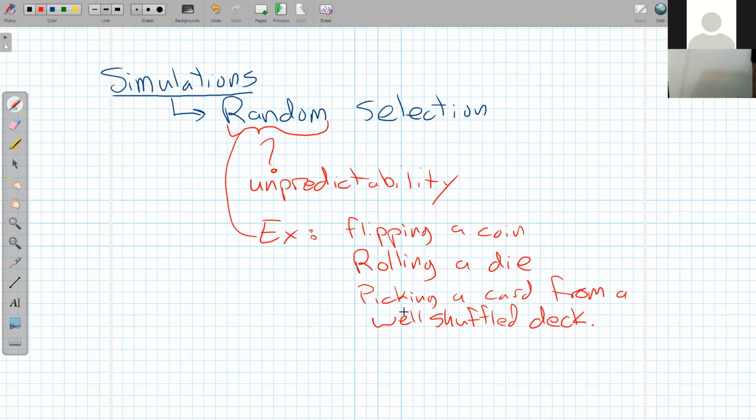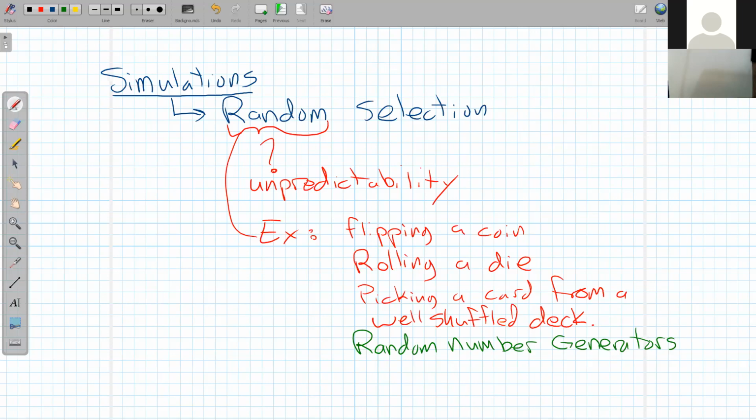And then there's all kinds of card tricks. So aside from card tricks, if it's a well-shuffled deck, you can randomly pick a card from there. But in computers, we try to make these random number generators. And that is super, super hard to do.